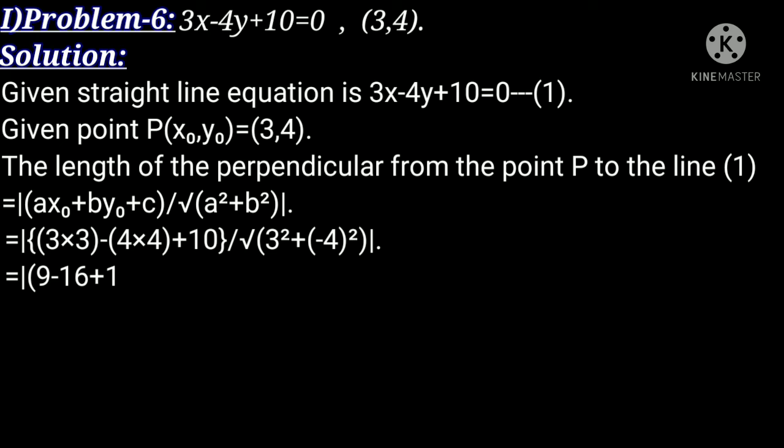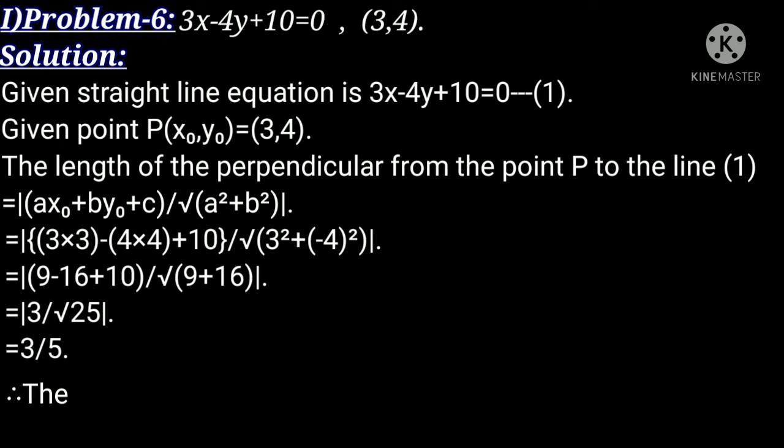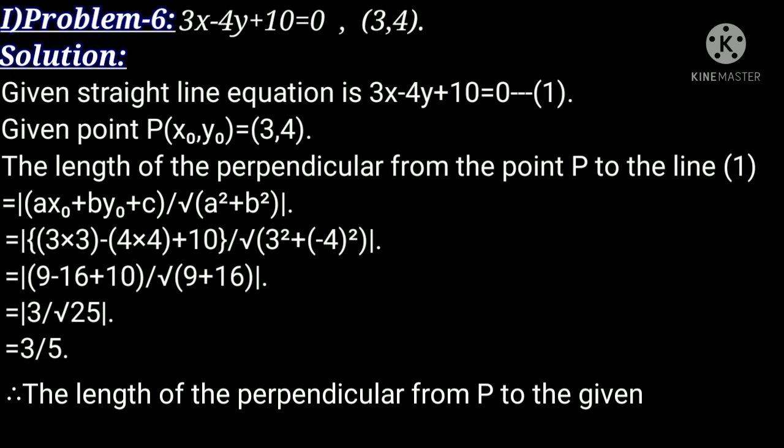After calculation, that is equal to mod of 9 minus 16 plus 10 by square root of 9 plus 16. Then that is equal to mod 3 by root 25. The final value is 3 by 5, where root 25 is equal to 5. Therefore, the length of the perpendicular from the point P to the given line 1 is 3 by 5.